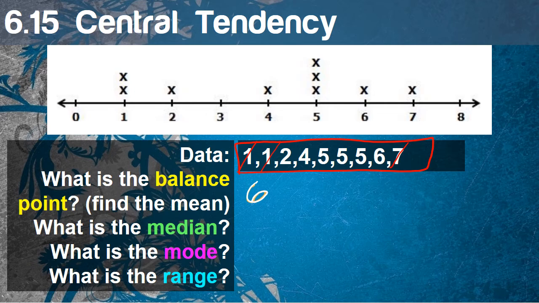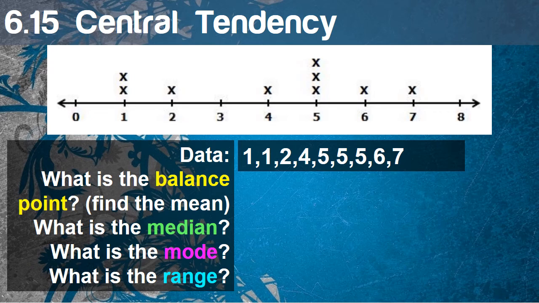Let's cross out another one and the 6. Cross out the 2 and the 5. And then the 4 and the 5. What's left is one number in the middle, so our median is going to be 5. If you have two numbers in the middle, you can always add those together and divide by 2 to get the median.